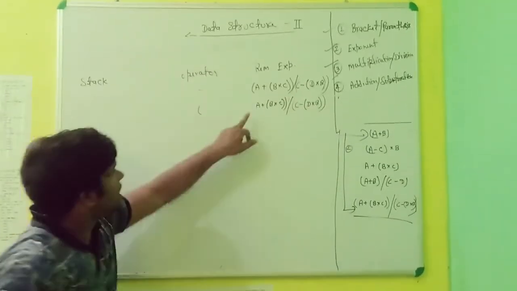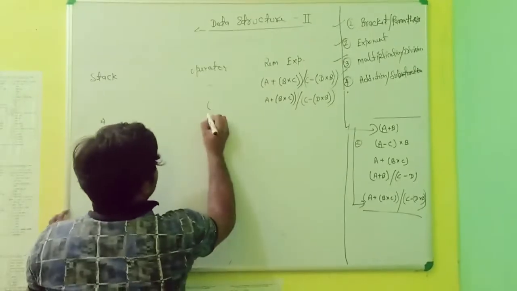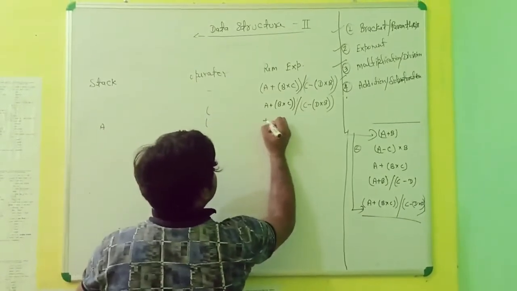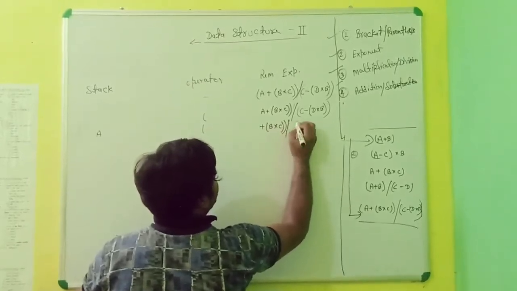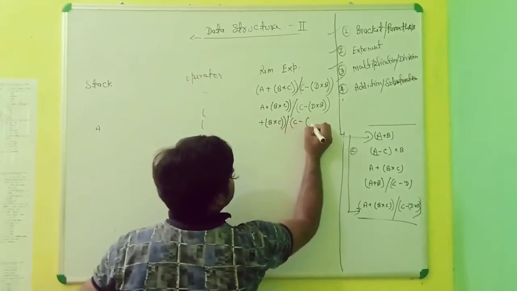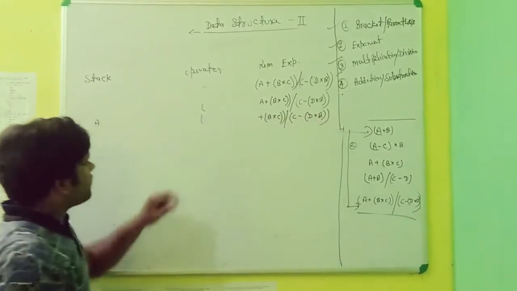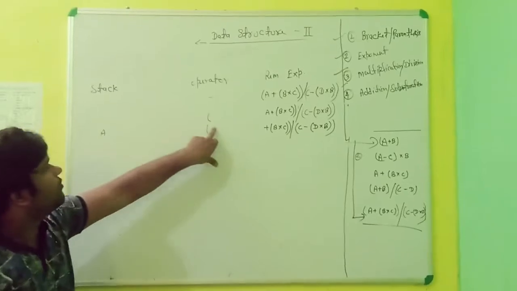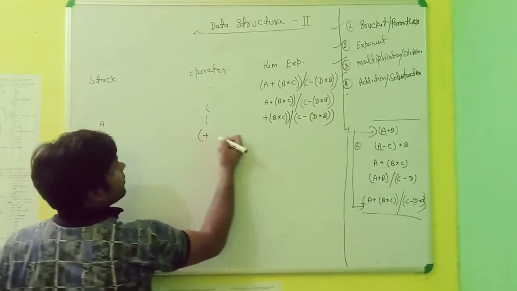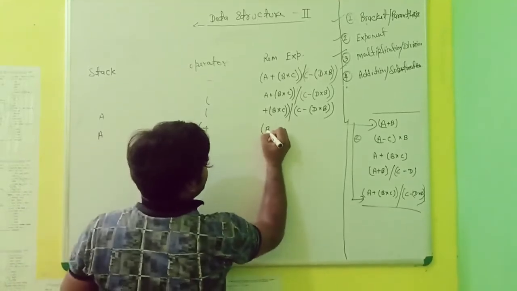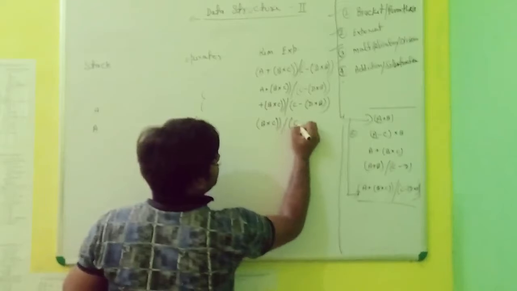After that, next a is here, then a will be transferred to the stack. Then plus symbol is here, so we have to place plus in the operators column. I will write the bracket, plus, then write b into c divided by the same.